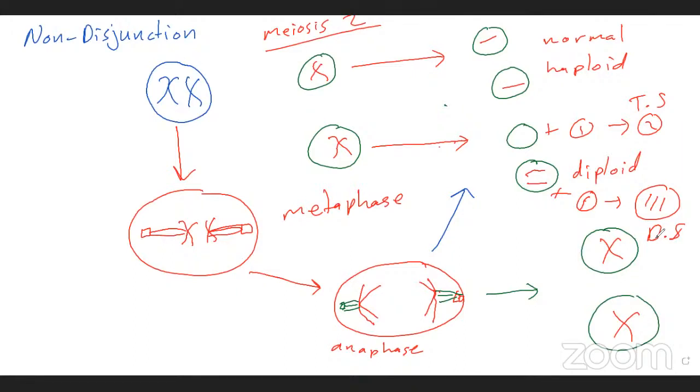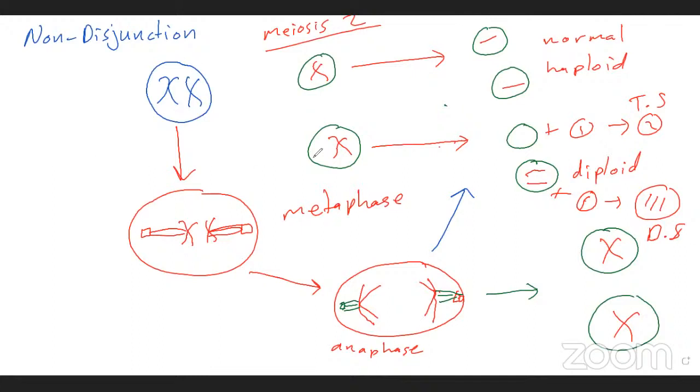All right. So I hope that you understand it. For Down syndrome, it occurs on the 21st chromosome. So remember, we have 23 chromosomes. Trisomy 21.